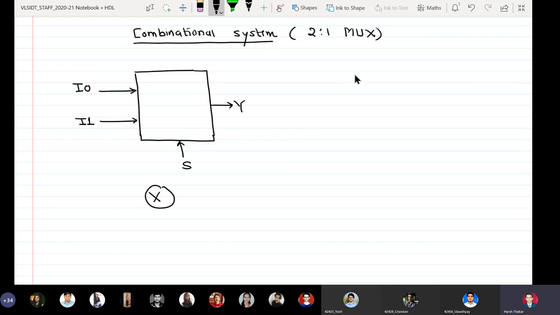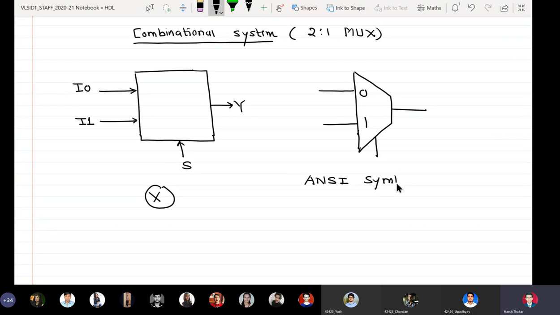The standard symbol for a multiplexer is this. This is called the ANSI symbol, American National Standards Institute, for a multiplexer.